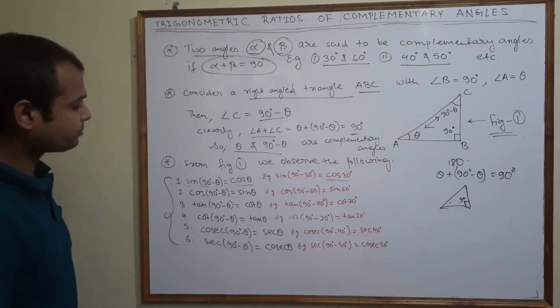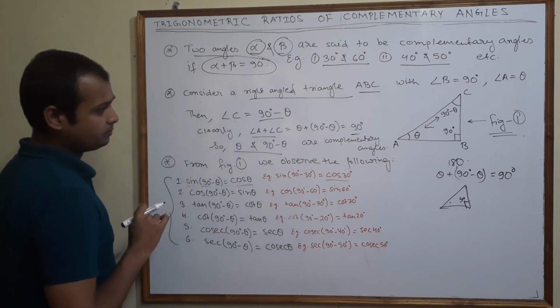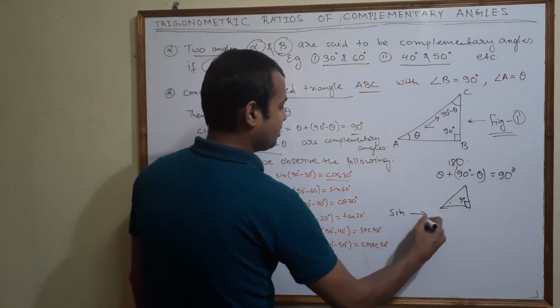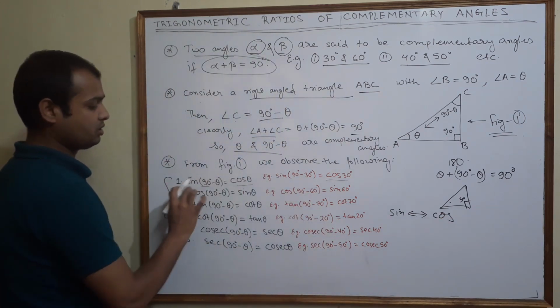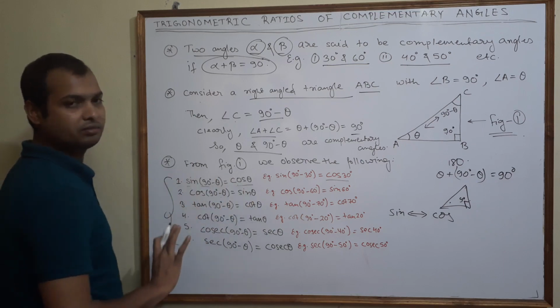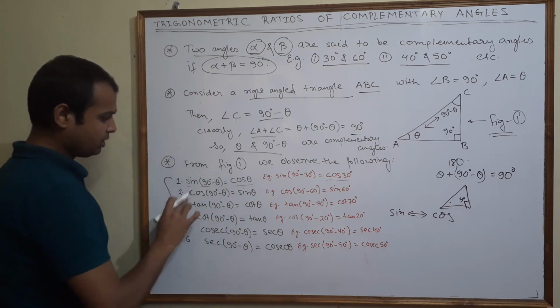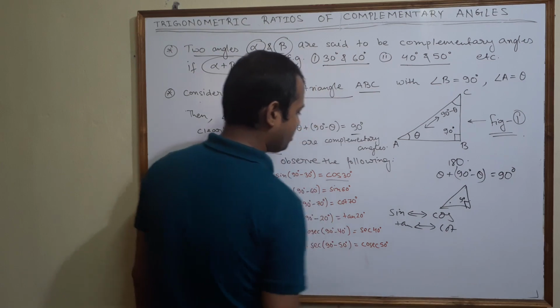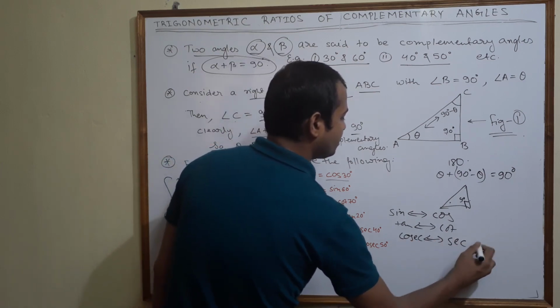These 6 formulae you have got to remember. You should always know that sine changes to cos. Like here you have sin(90 minus theta), so sine becomes cos and 90 is removed; without 90 you write cos theta. Tan is changed to cot, and cosec is changed to sec.